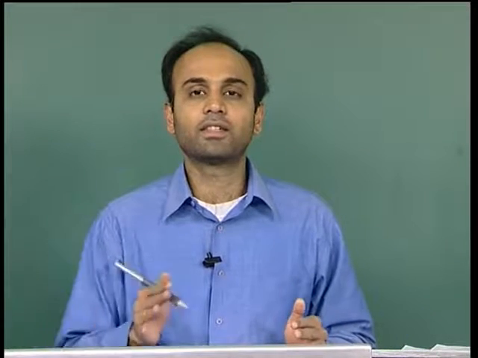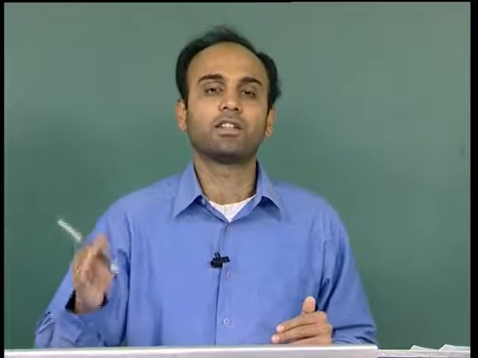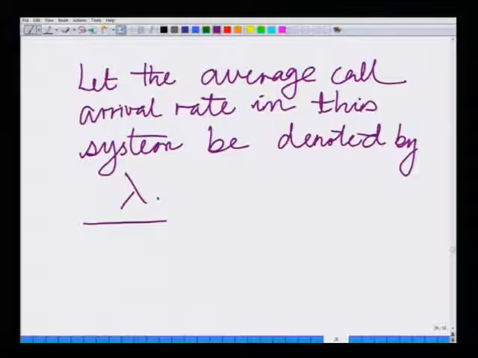That is, what we are saying is the calls are arriving in this system at a rate of lambda at the base station. Essentially the users are placing calls, and from the base station, roughly lambda calls are arriving per unit time. This is the call arrival rate.